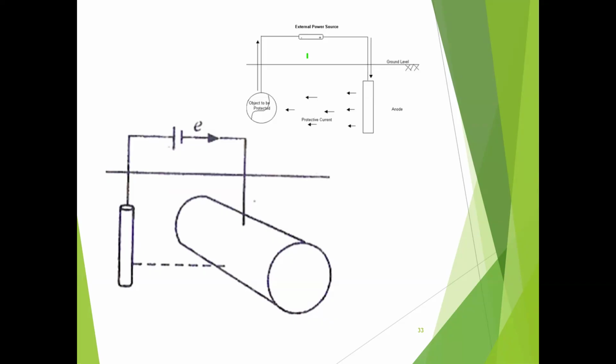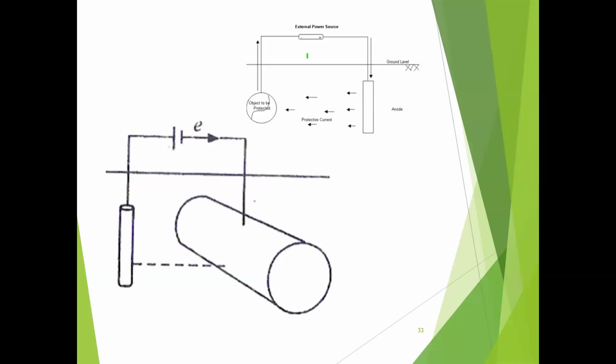So the overall principle of cathodic protection is that the anodic part is converted to act as a cathode. The drawback of sacrificial anodic protection is that every now and then we need to replace the sacrificial anode. The advantage is that it is economically good, a cost-effective method.